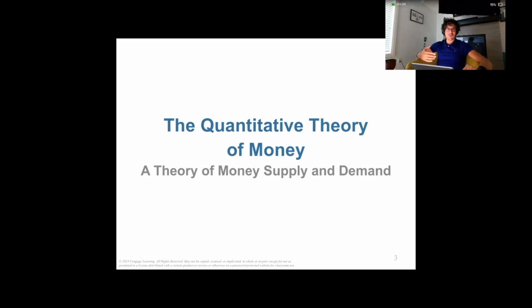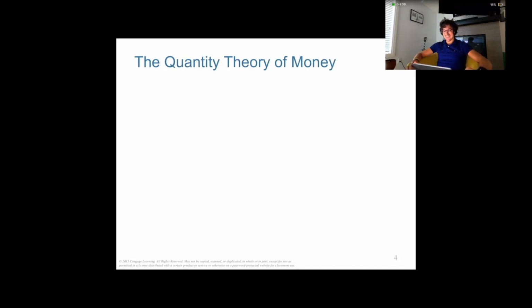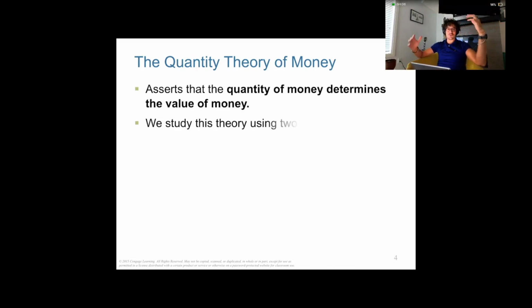The quantitative theory of money is just a theory of money demand and money supply. We have seen in the previous chapter all about the money supply, how the Federal Reserve can control the money supply, the different definitions of money supply, and all the institutional setup. Now, in this chapter, we are going to close and talk also about money demand.